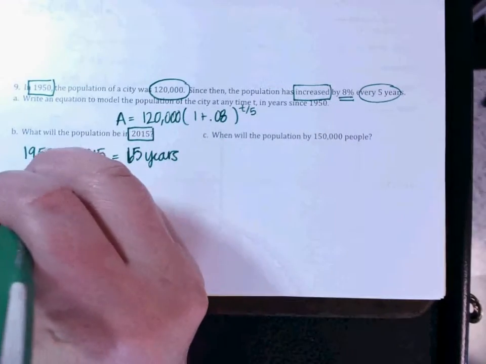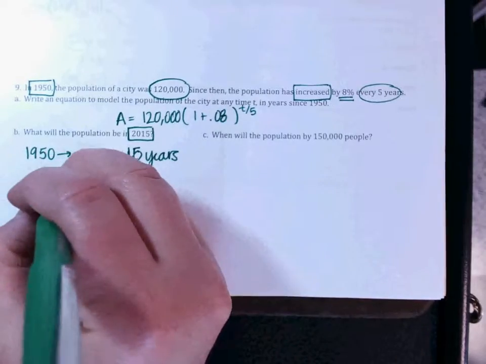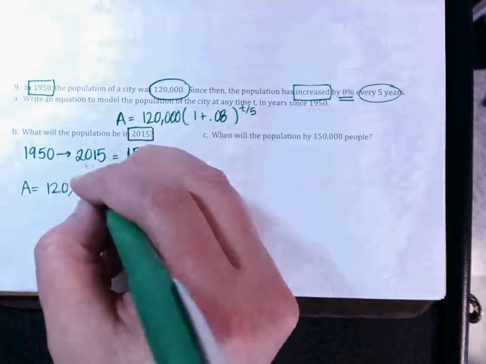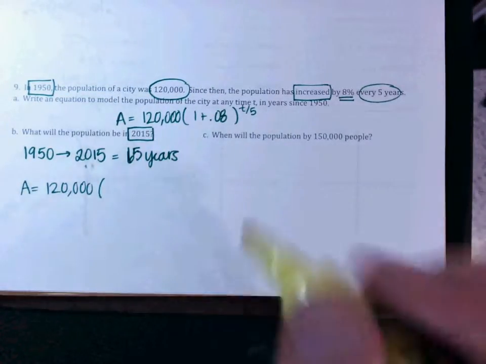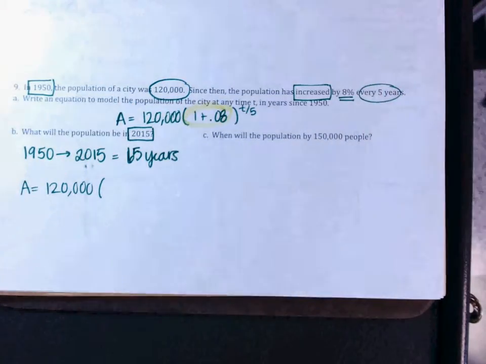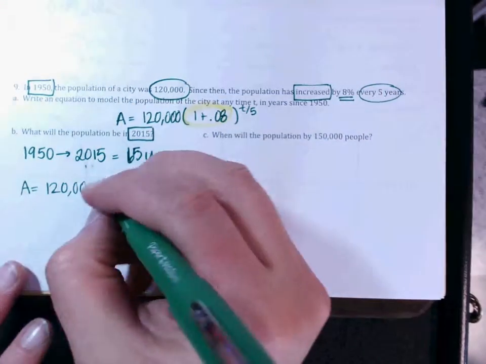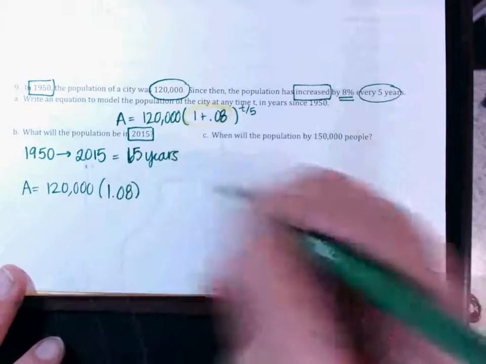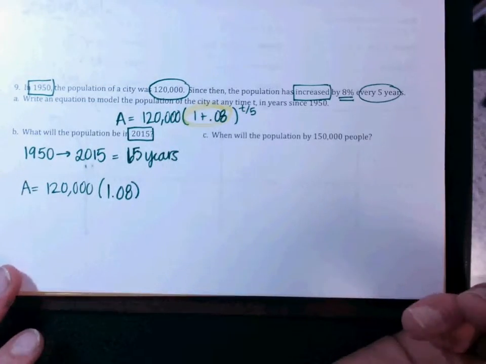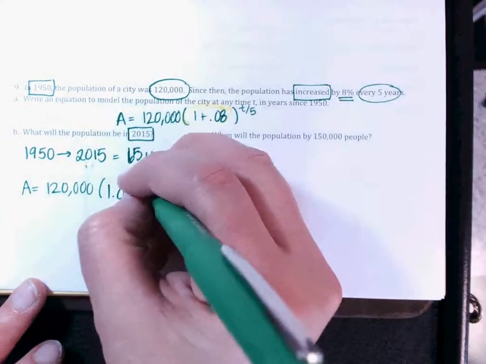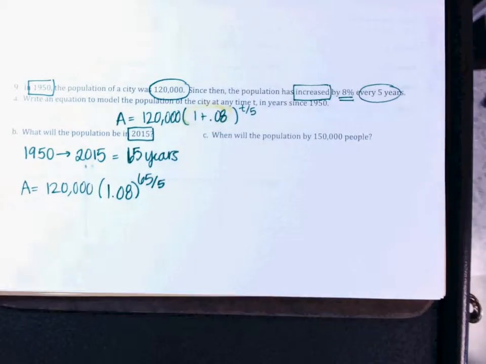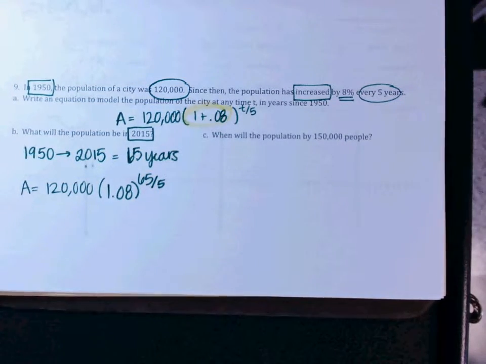T. So I'll do A equals 120,000. Now, can we go ahead and add these together? What is 1 plus 0.08? 1.08. Good. And then up to the power of, now I know what my time is. I'm waiting 65 years, but it only goes up every 5 years, so I have to divide.